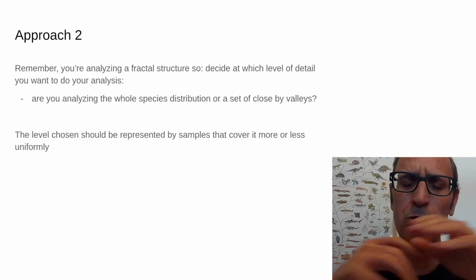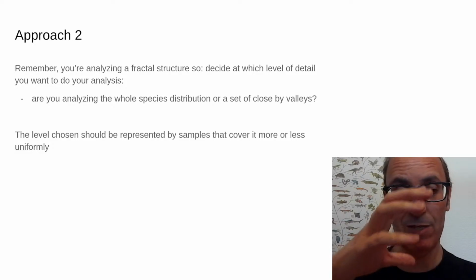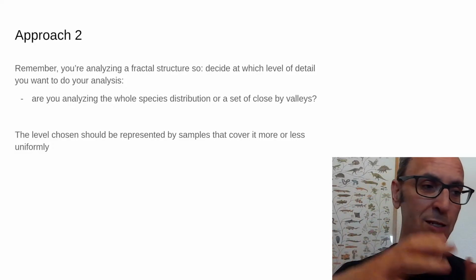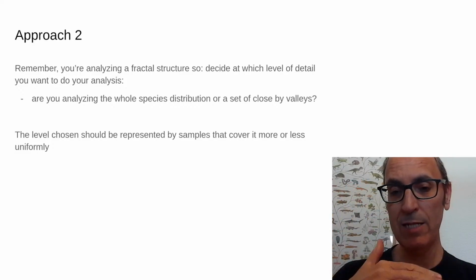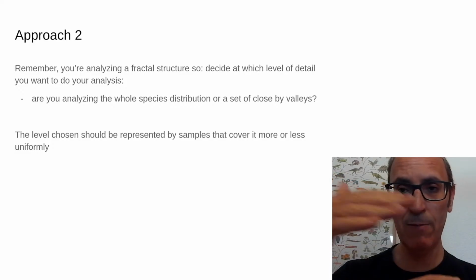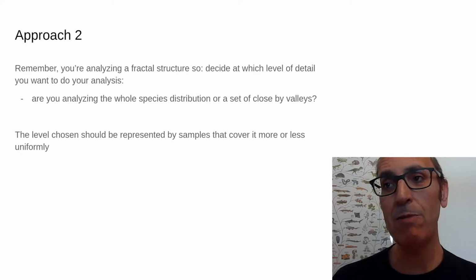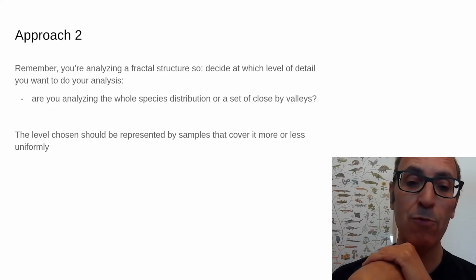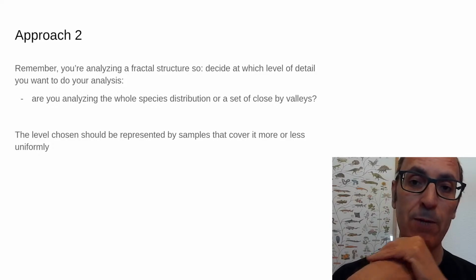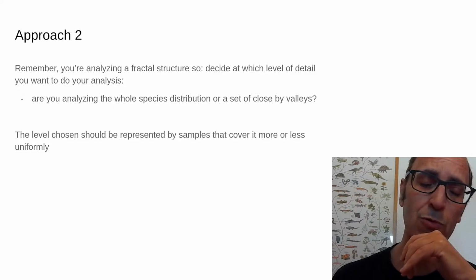You want to study the overall species, you want to study just a region, for instance, a region in a country, or some very close set of valleys, and you want to compare some valleys with other valleys. And depending on the level that you want to study, you will have to do your sampling. Okay? This is something that you have to decide beforehand.